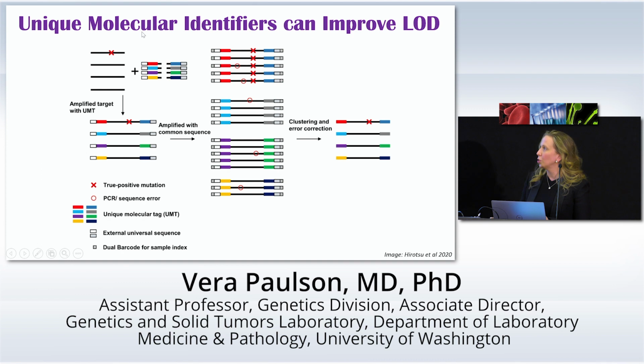So what you're able to do is see if a mutation is present in all of the same fragments, collapse those reads to be able to tell that that mutation is real and not a sequencing error like what's being shown in the circles. And so this enables you to approach that 0.01 or 0.001%, depending on the sensitivity and the depth to which you're sequencing.